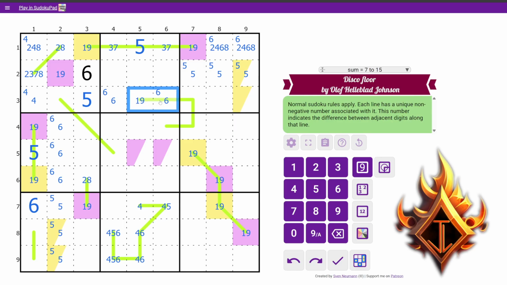Pink and yellow cannot be down here. Although yellow could be in this row. That is fine. Yellow would be there. If this is... Oh yeah, because that could still be 4.